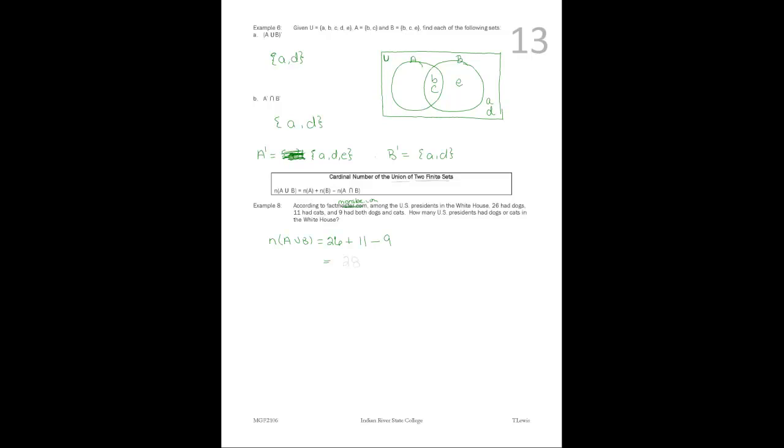All right, so the number of elements of A or B is equal to the number of elements of A plus the number of elements of B minus the number of elements of A intersect B. So what's our answer here? 28, yes.